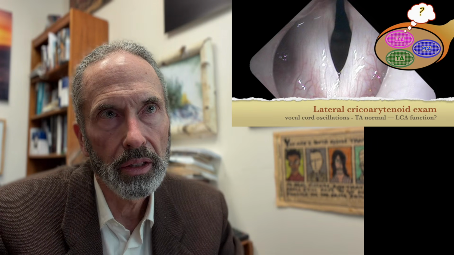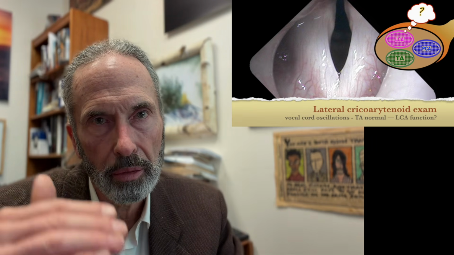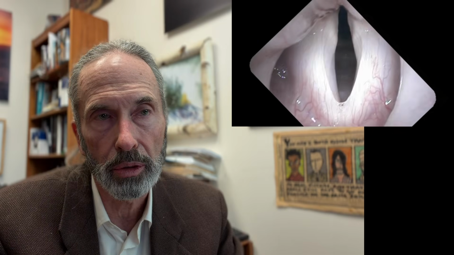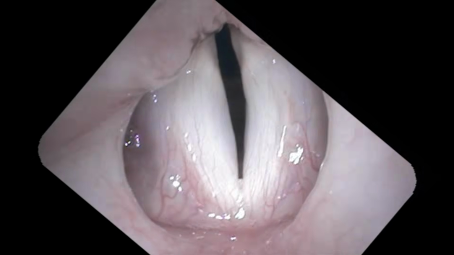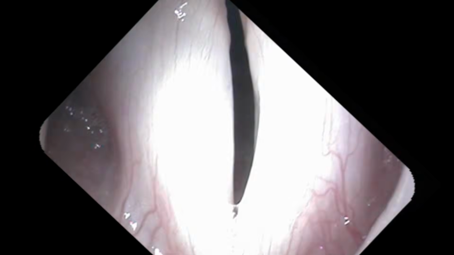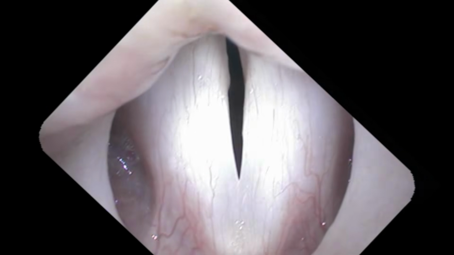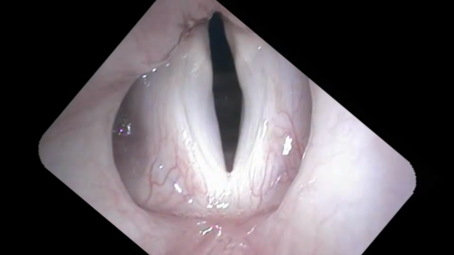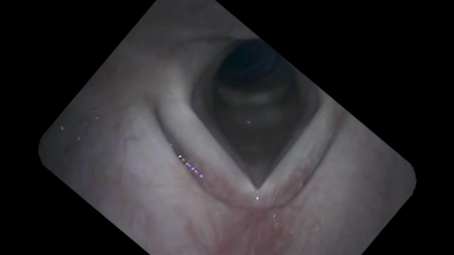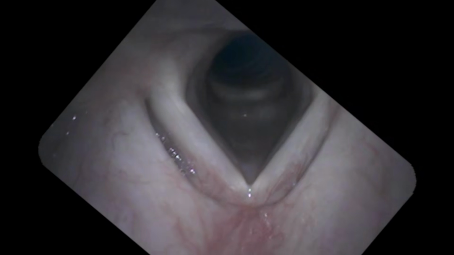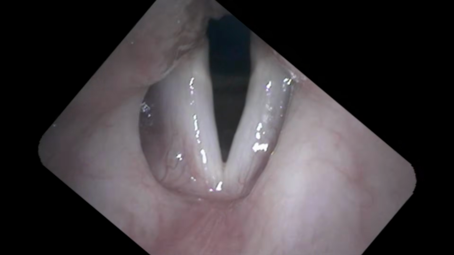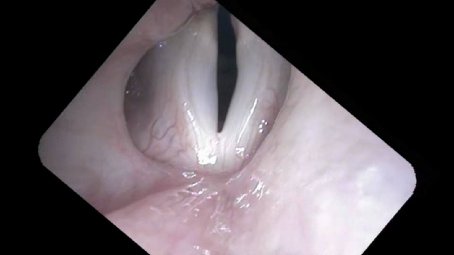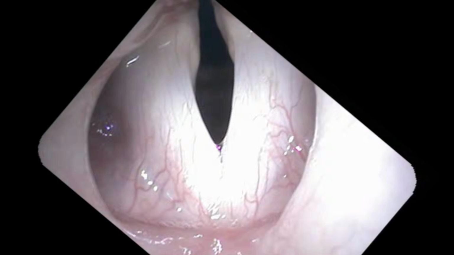If we look at this closure and we focus on the membranous cord, again, it's going to look symmetric, looks pretty good. We have to turn our eyes, after examining the membranous cord, to the vocal processes and see what's going on there. And I'm going to slow down the video, and you can, of course, see a timing difference here.